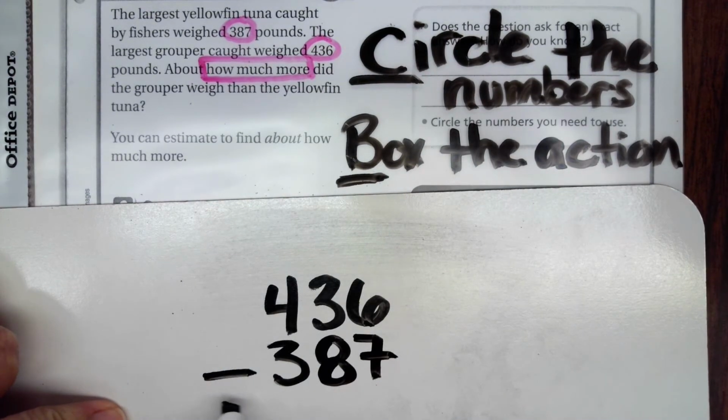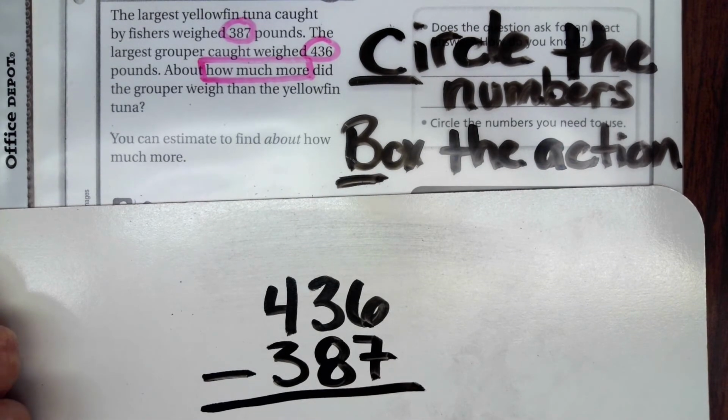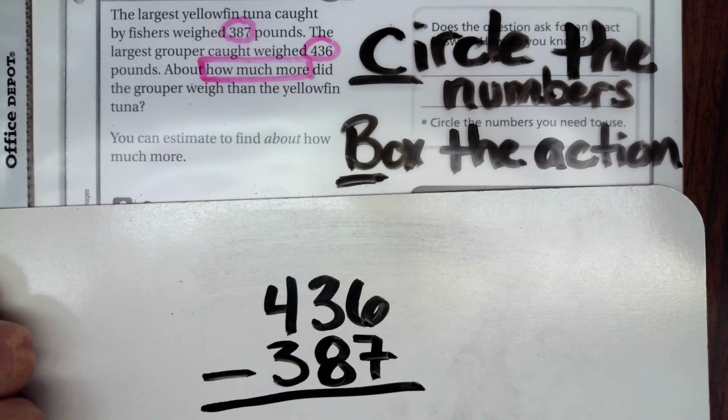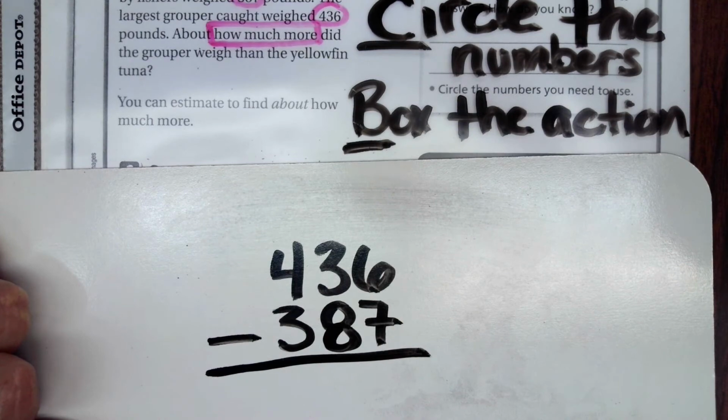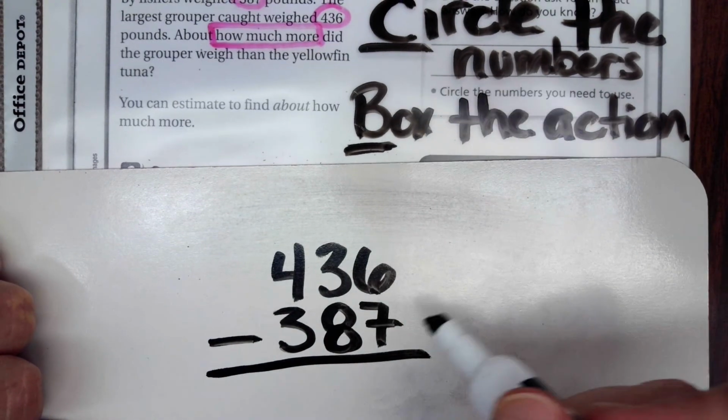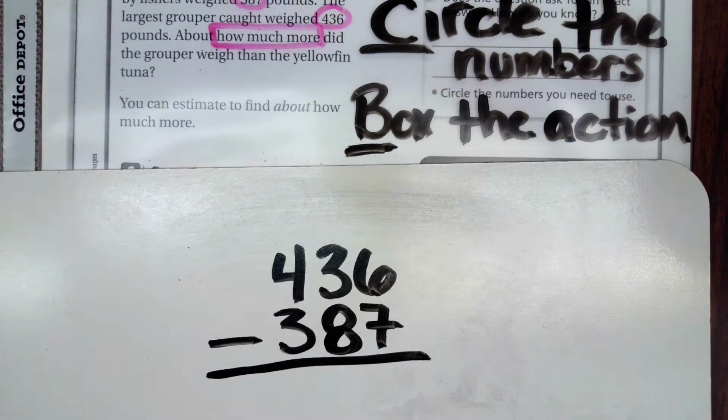Now, I'm certain you are all rock stars at regrouping. If you need a little refresher, I'm going to give one, because I need a little refresher. So I start in my ones place, which is on the far right.